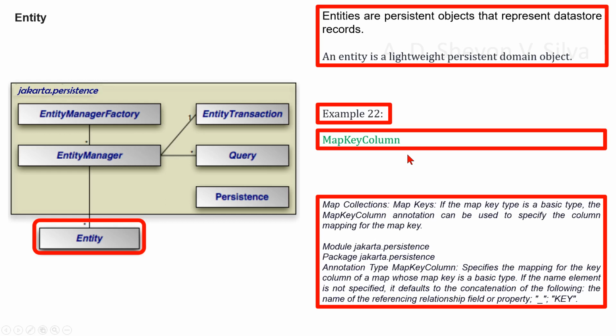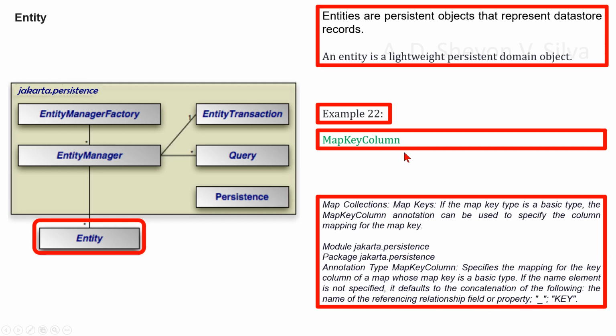The annotation type MapKeyColumn in package jakarta.persistence in module jakarta.persistence specifies the mapping for the key column of the map whose map key is a basic type. If the name element is not specified, it defaults to the concatenation of the following: the name of the referencing relationship field or property, underscore, KEY.